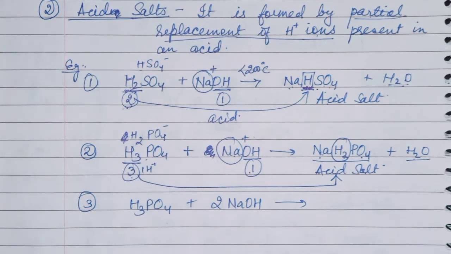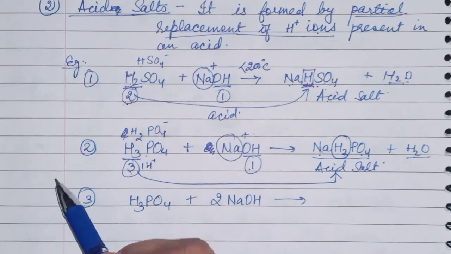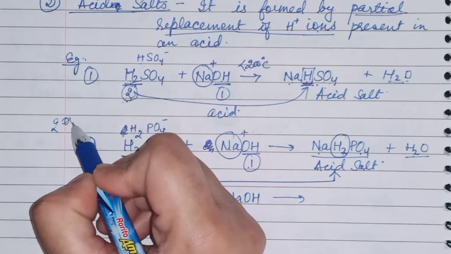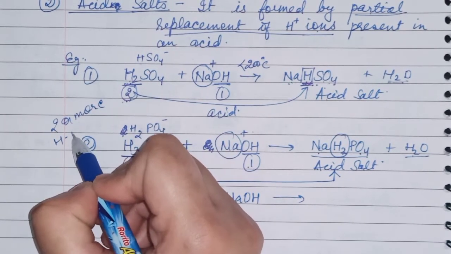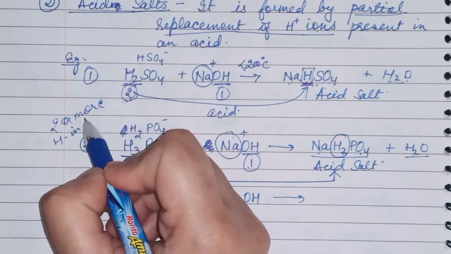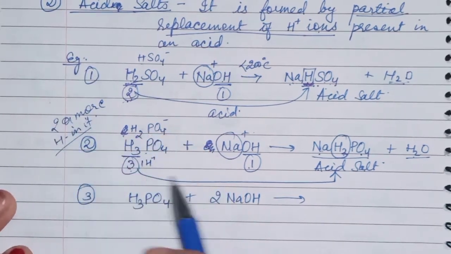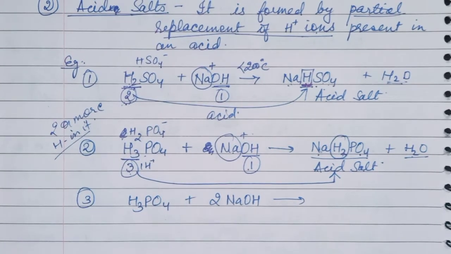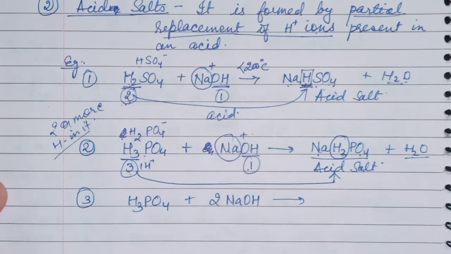So you can say that for forming acidic salt, the acid must contain 2 or more hydrogens in it. If it contains only 1 hydrogen, then the ionization will be complete. 1 hydrogen is removed and that will form normal salt.